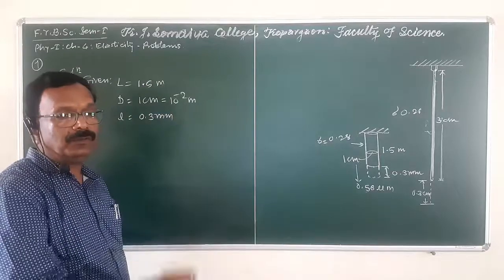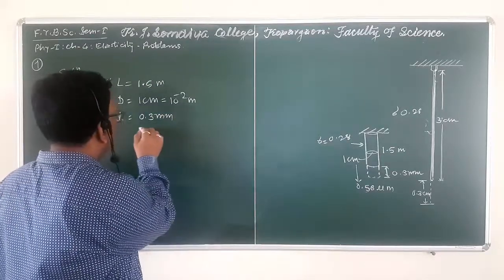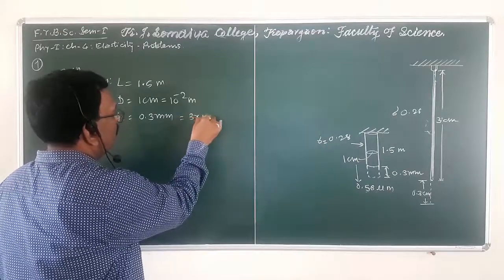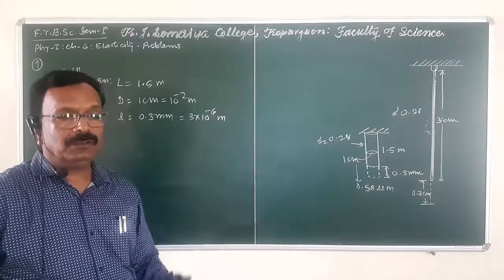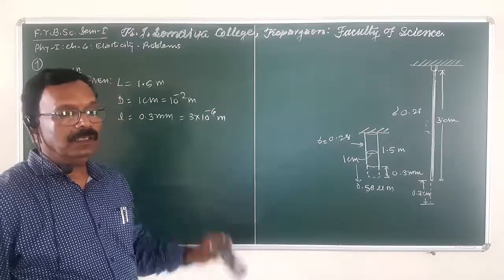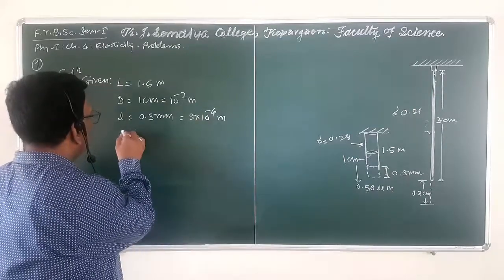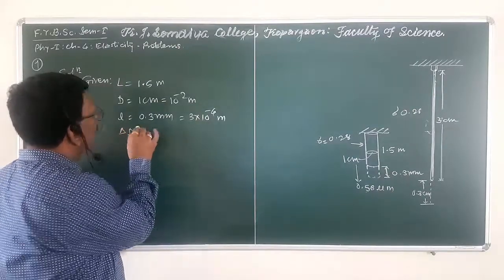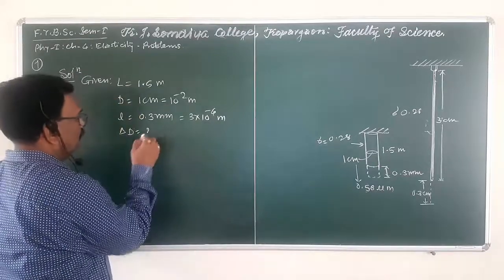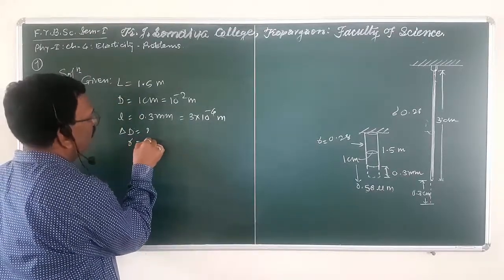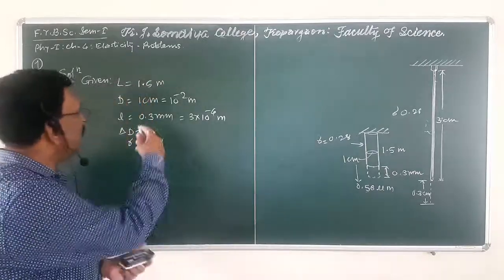We have to convert it into meter. This is nothing but 3 into 10 raised to minus 4 meter. Okay. Now the remaining quantity is what? Change in diameter, delta D. We have to find out this delta D, but sigma is given and that is nothing but 0.28. Okay. These are the given quantities.